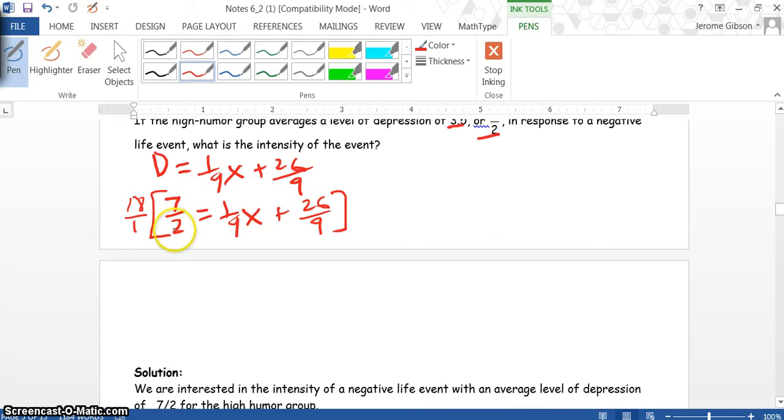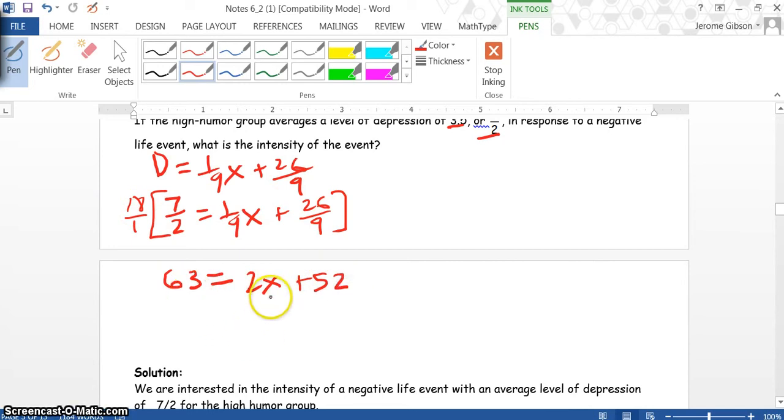Now, if we do some cross simplifying, this will make it a little easier. If we cross simplify 2 with 18, 2 goes into 18 9 times, and 9 times 7 will give us 63. 9 goes into 18 twice, and 2 times 1x is 2x. 9 goes into 18 twice, and 2 times 26 is 52.